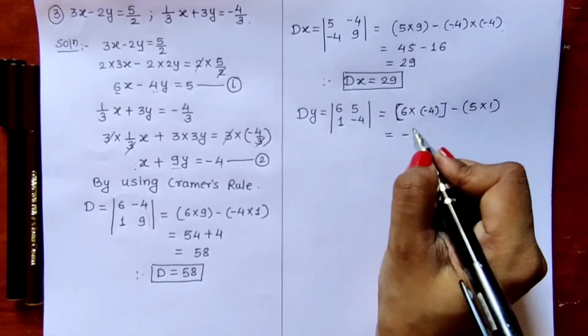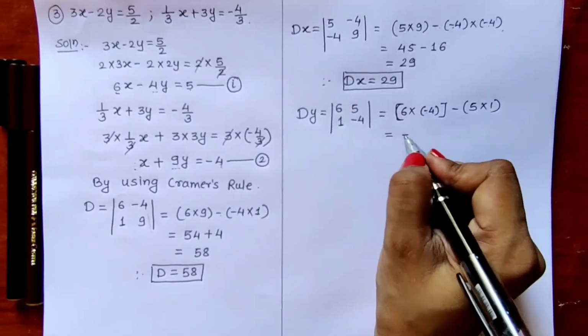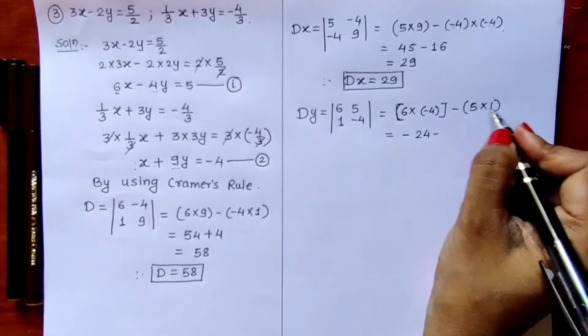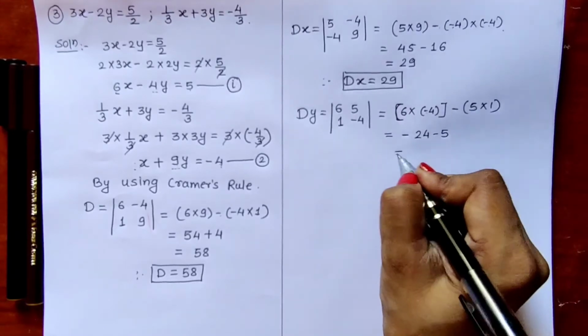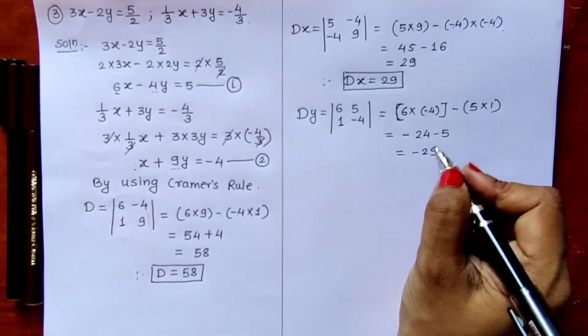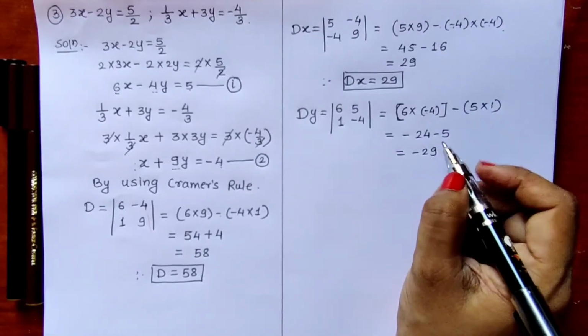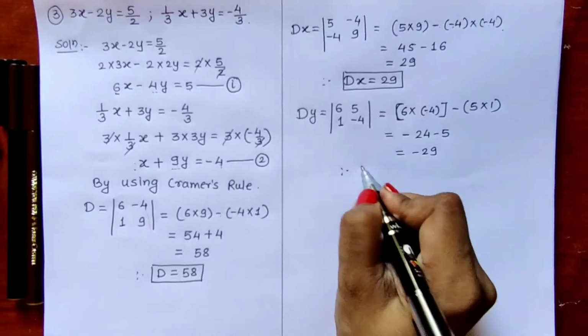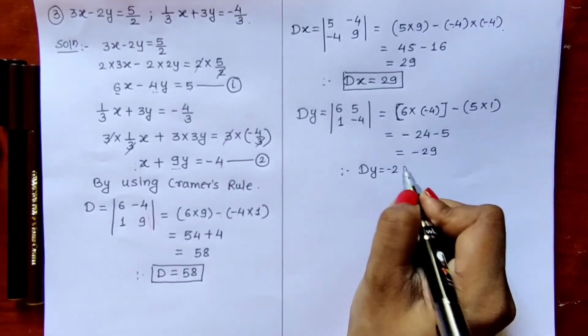Multiply. Minus plus will become minus sign. 6 4s are 24. 5 1s are 5. It will be minus 29. Sign of both the numbers are minus, so that's why sign will be minus. Now Dy we have got minus 29.